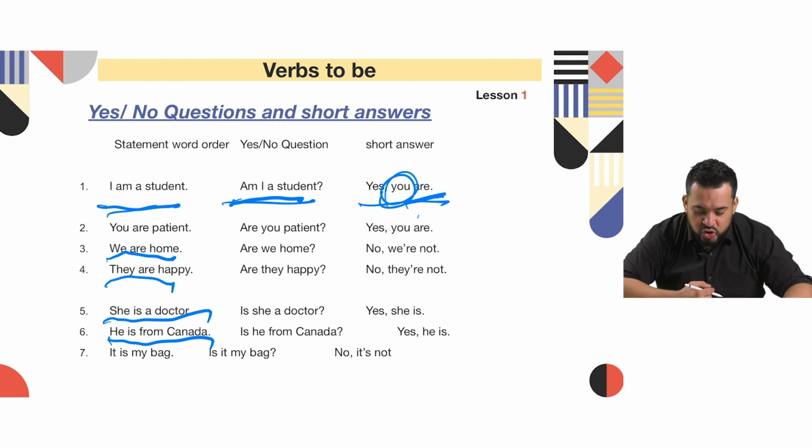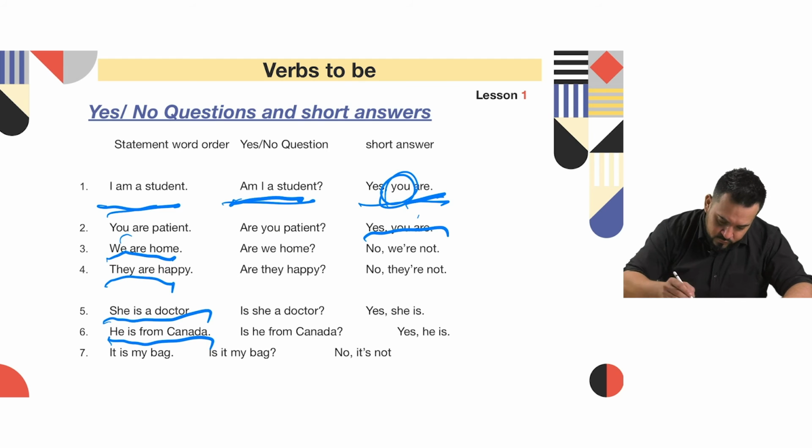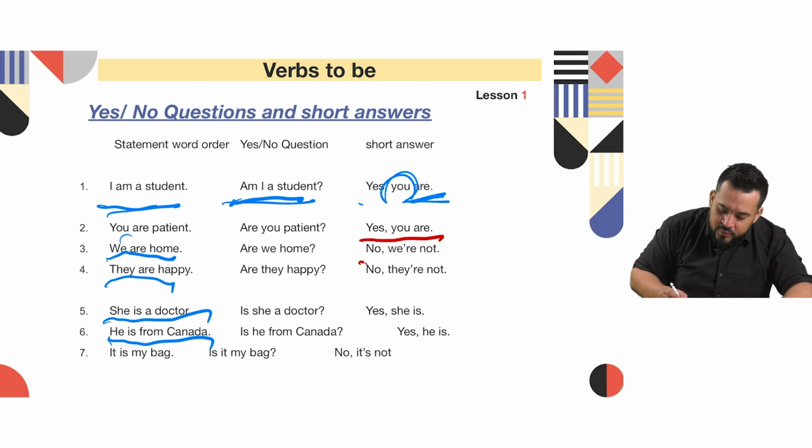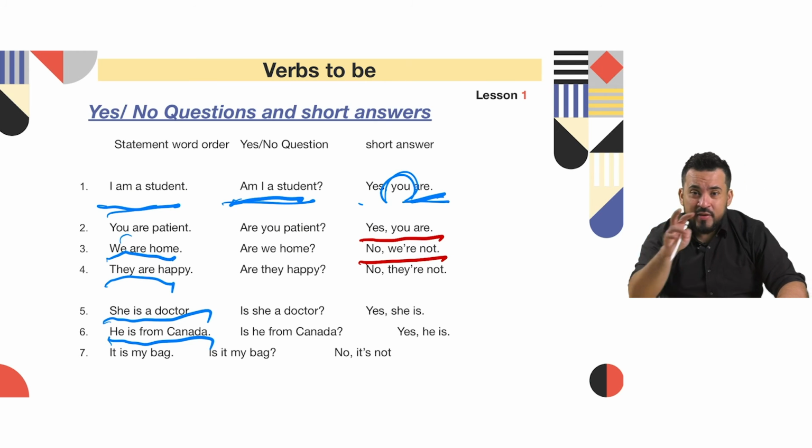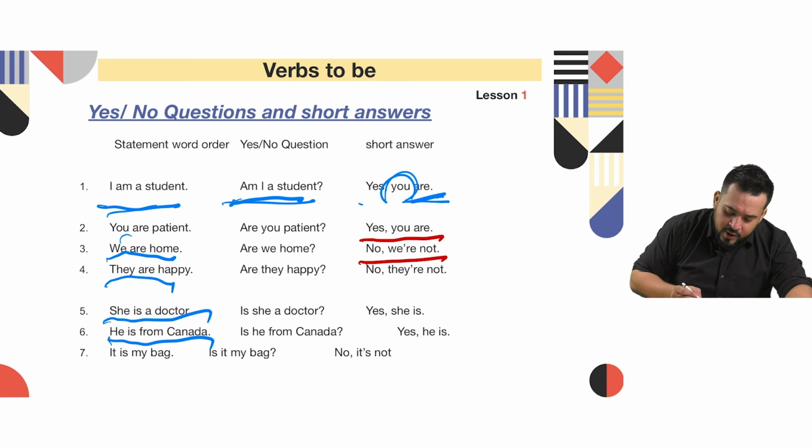With you, we always use are. You are patient. Are you patient? Yes, you are. We are home. Are we home? No, we aren't, or no, we are not. Both are correct. We can say no, we aren't, or no, we're not. Are they happy?